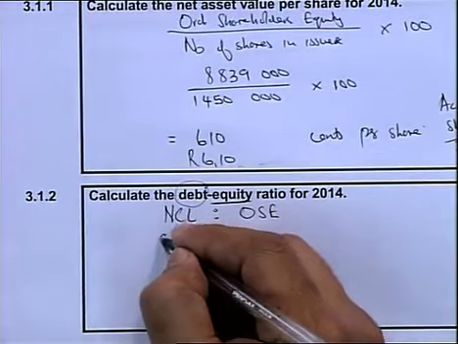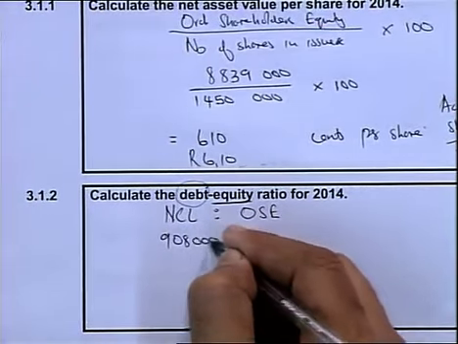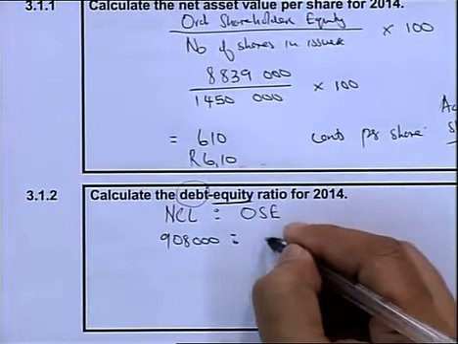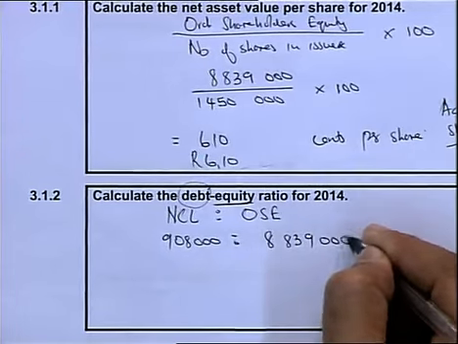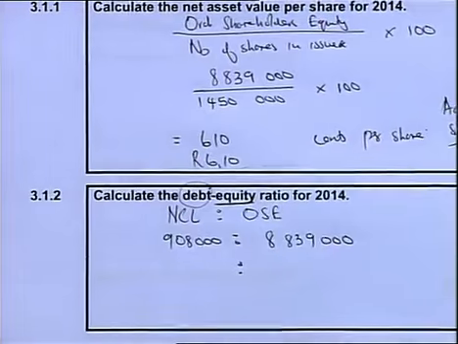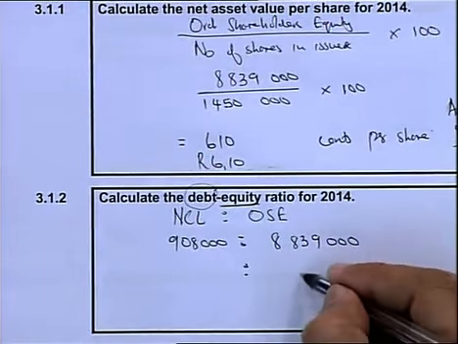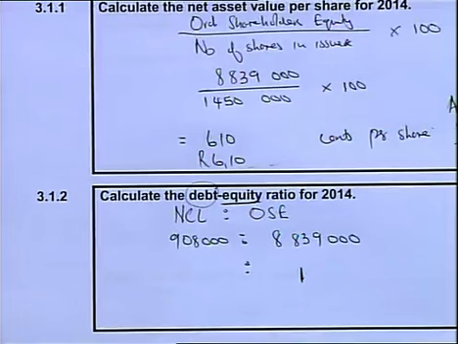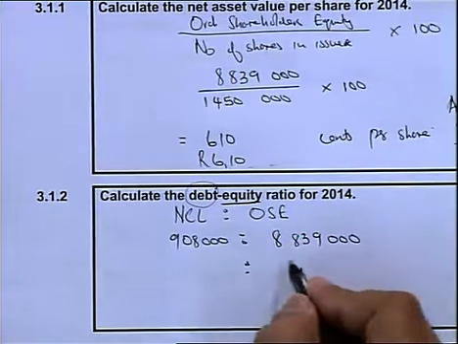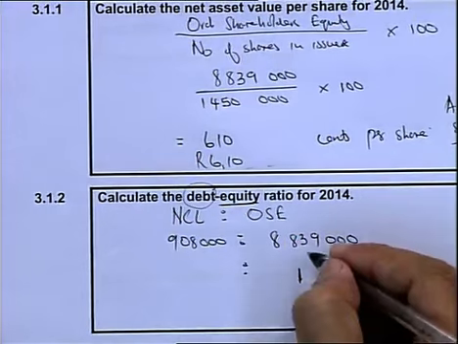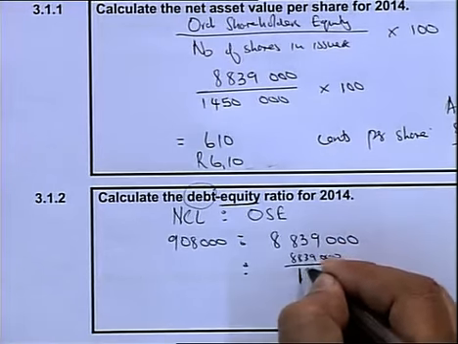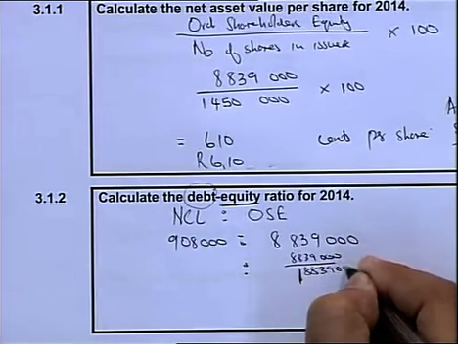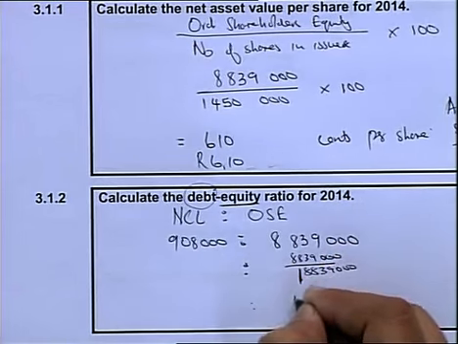So it will be 908,000 is to 8,839,000. Okay. Remember I said now that we want 1 on the right hand side. That means whatever figure we have on the right hand side will have to be divided by itself. So it's going to be 8,839,000 divided by 8,839,000, and that gives me the 1.